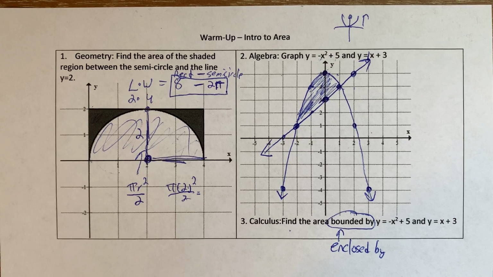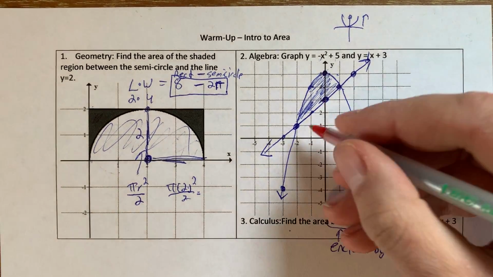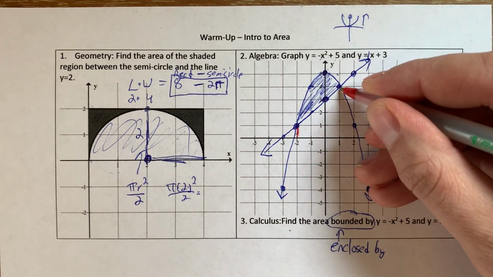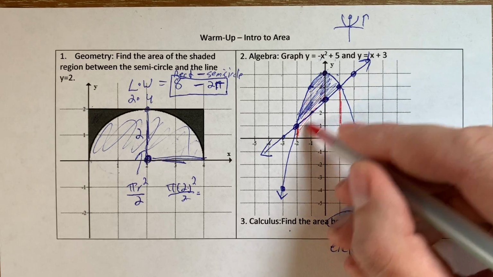I'm not going to take off points if you missed this one, but I hope you're able to think about it a little bit. We can do it using the same idea from over here, which is we can use integrals to find the area of this whole thing.